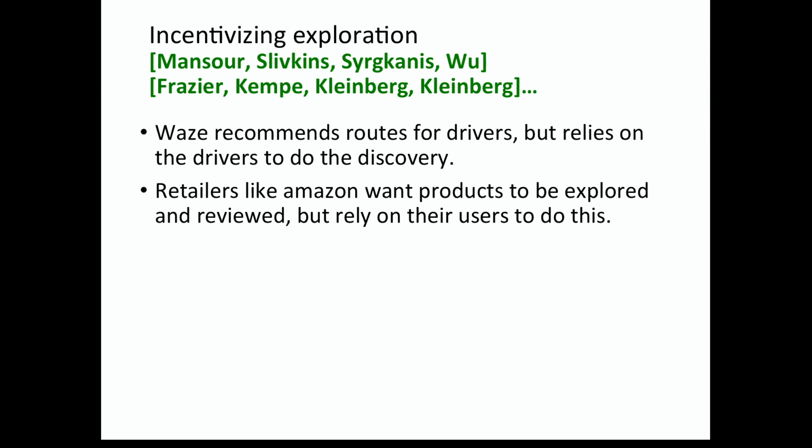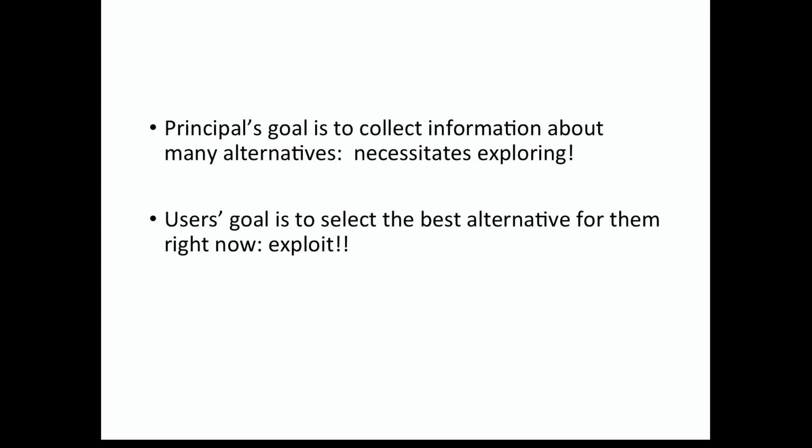So in these situations, Waze and Amazon are like some principal that would like to run a proper learning algorithm to figure out what the best recommendations they can make are, or what the best products are. But in order to do that, the exploring is necessary. On the other hand, a user's goal in any particular situation is to exploit, okay?